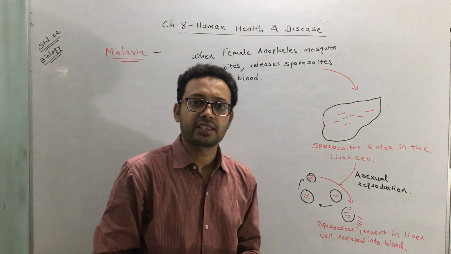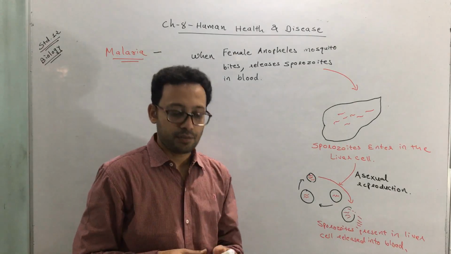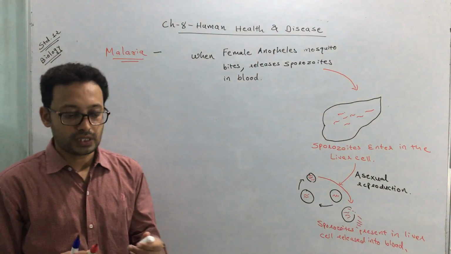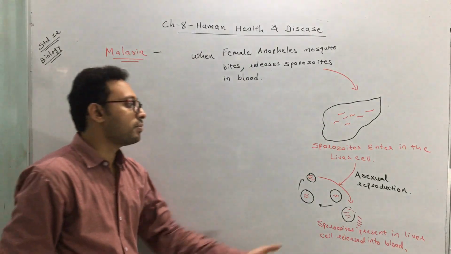This cycle affects many liver cells, and the liver cells get ruptured, means the person who is suffering from malaria, their liver is primarily going to be affected.